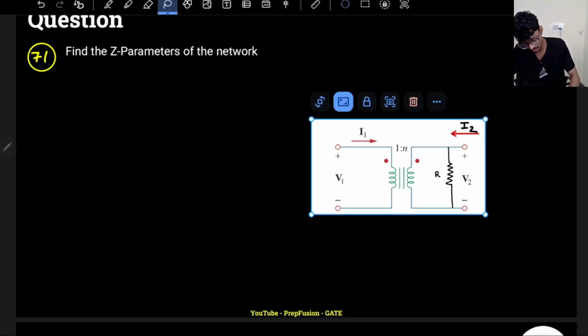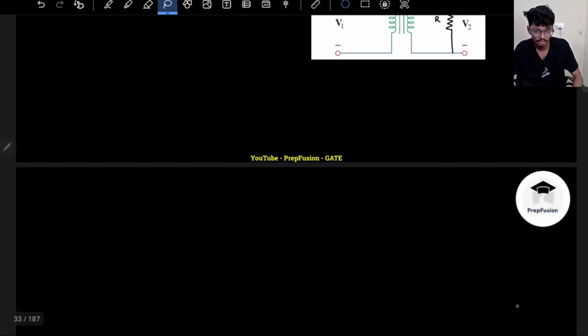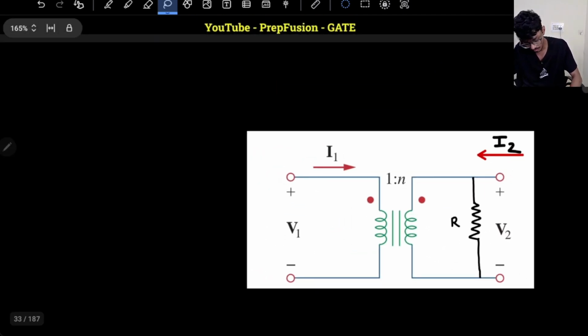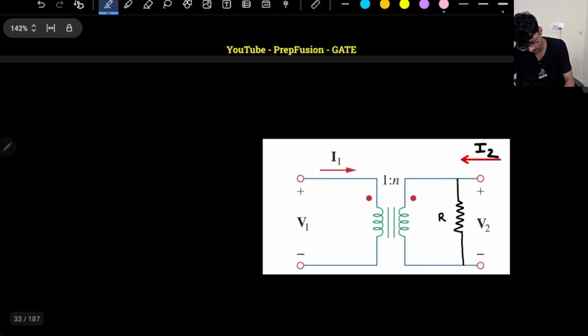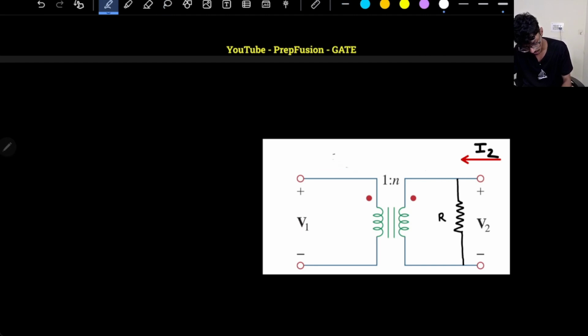So I will copy this circuit here, and I will change the names because you might have a bit of doubt. So basically, what are my port currents? I have two types of current here.